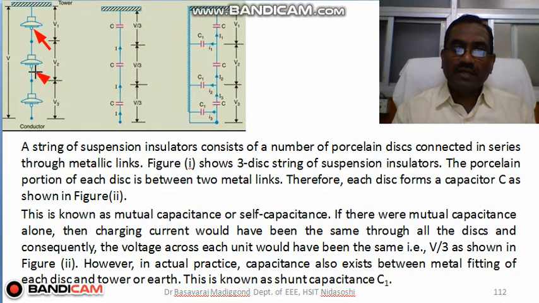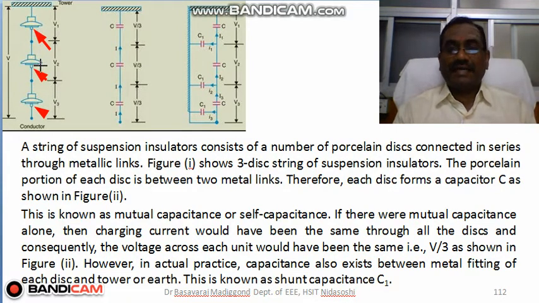These are all the metal links. And this is also a metal link, and it is connected between the two metal links. And here you have taken an example of three discs which will form a string.